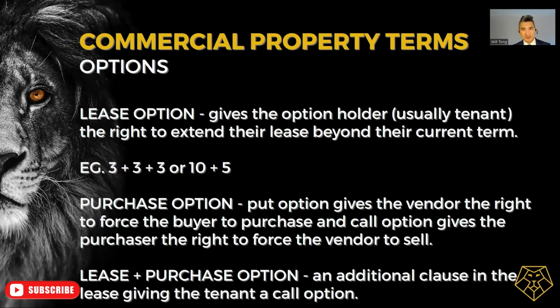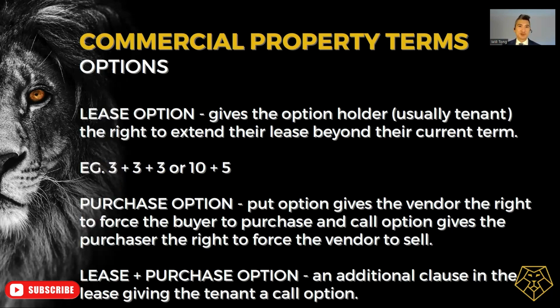Now, it's very important to understand that 3+3+3 years doesn't mean a 9-year lease. Okay, so a lot of investors make the assumption that because a tenant has an option, they're going to stay. That's completely false.